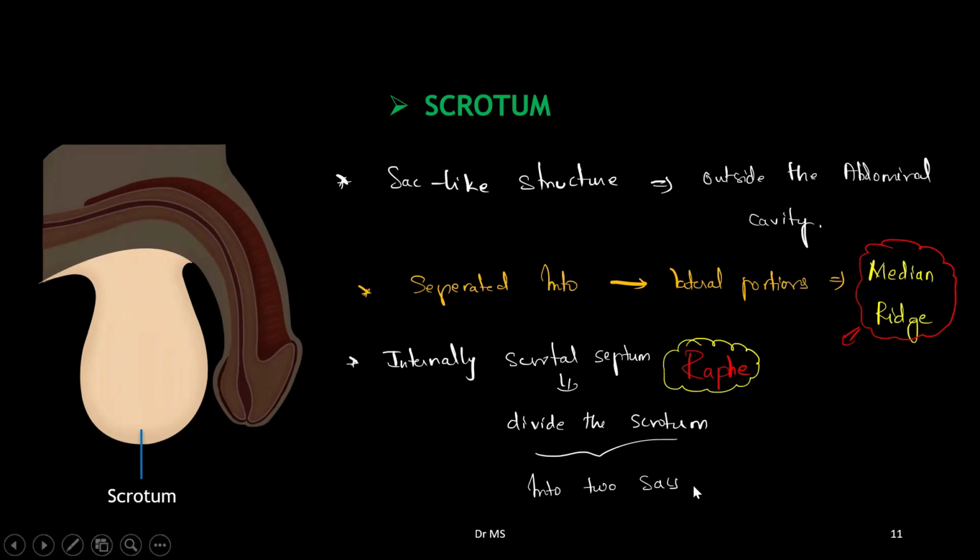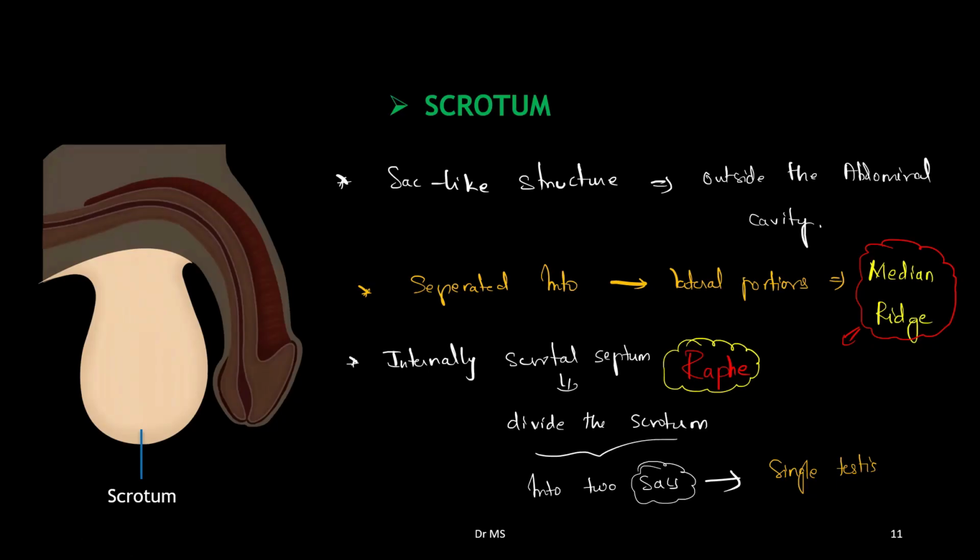The chambers we call scrotal sacs. Each of these scrotal sacs contains a single testis. Remember this. One is present on one lateral side, the other on the other lateral side.